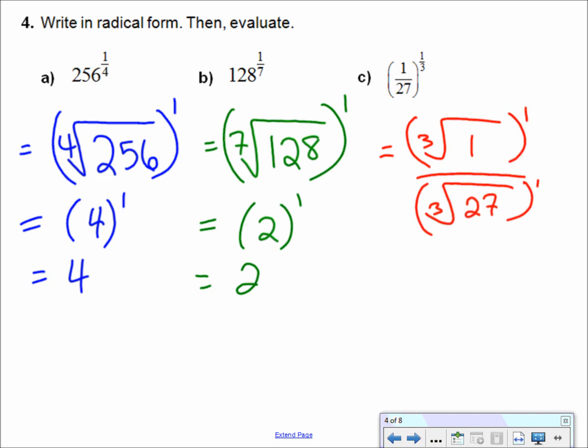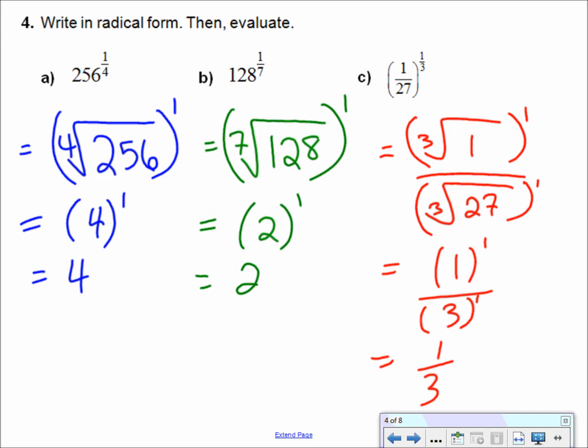If I treat my numerator and my denominator as 2 separate numbers, it will be much easier to plug it in on your calculator. So the cubed root of 1 is 1. I still have it to the exponent of 1. The cubed root of 27 is 3. So now I have 1 over 3 as my answer.